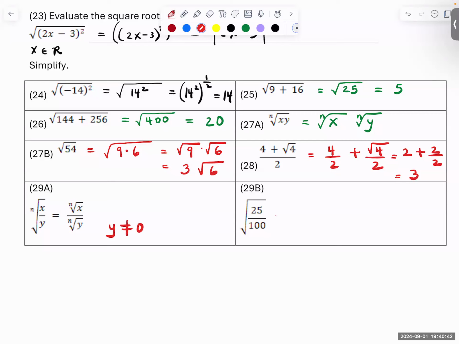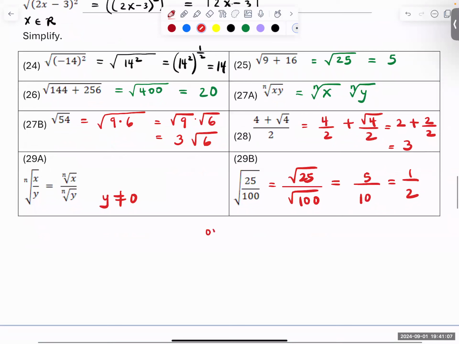29b can be simplified in two ways. Either the principal square root of a quotient is the quotient of the two square roots, which would equal 5 divided by 10, which equals 1/2.